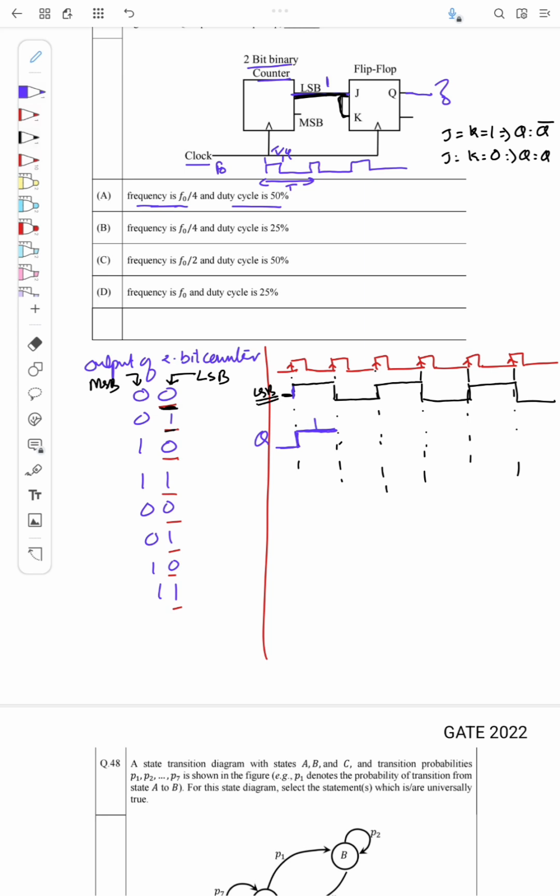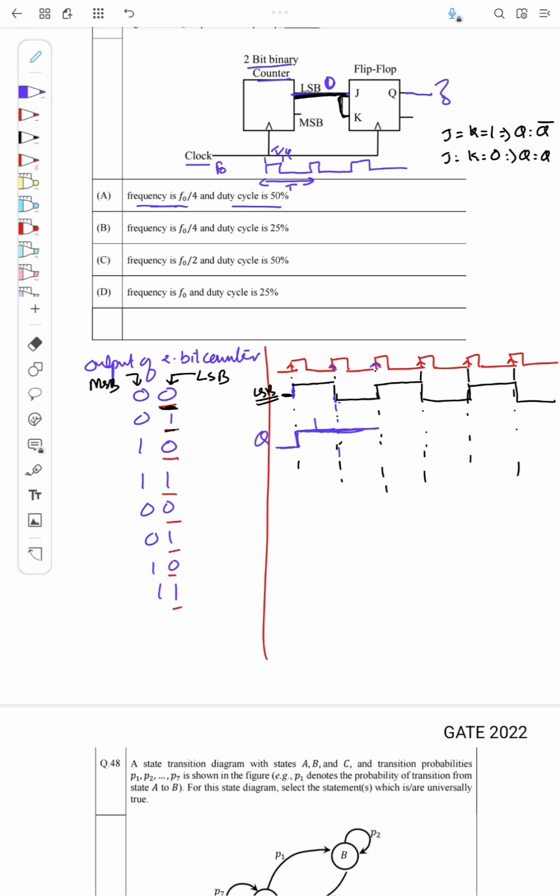In the next rising edge, what is the input here? J and K is actually 0, because the LSB is 0. So since it is 0, whatever is the previous output Q will be the next output, so it will remain the same. So I'll have 1 itself.